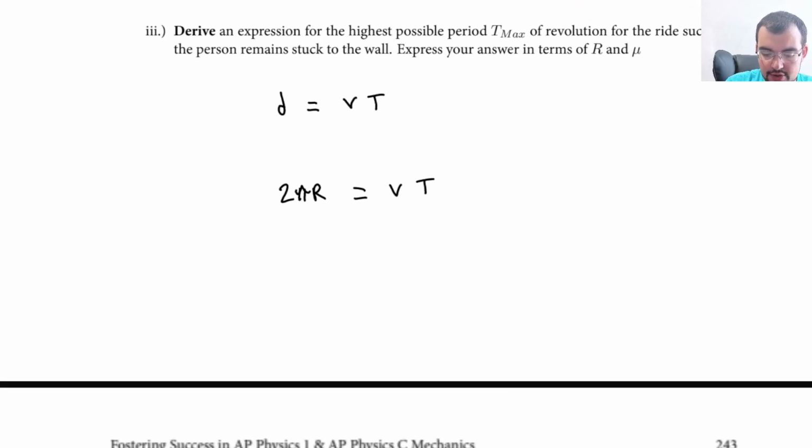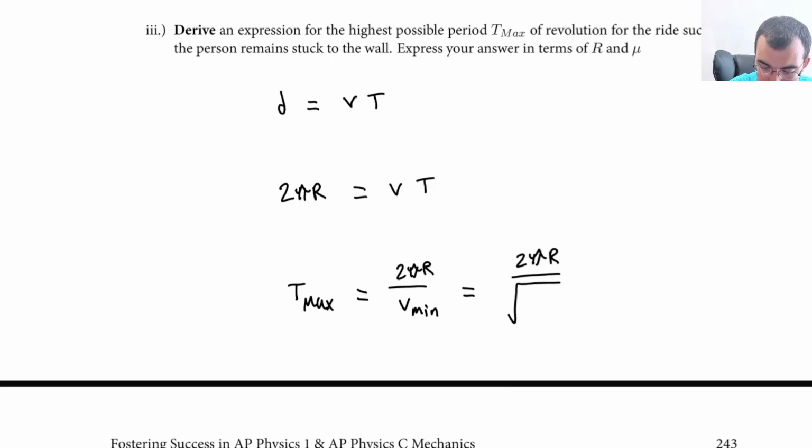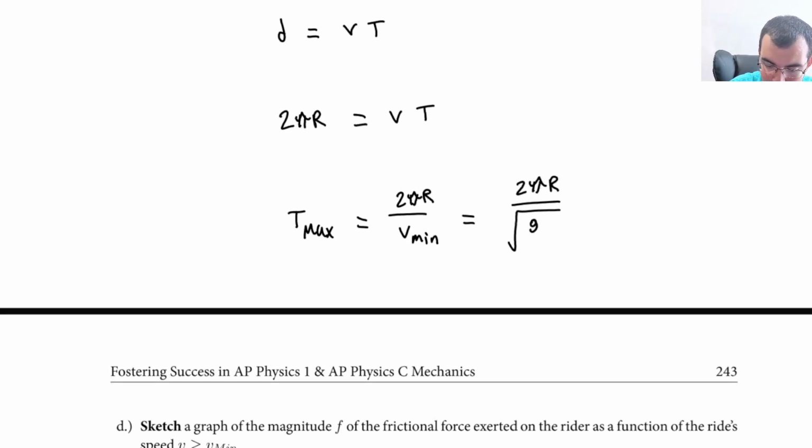So the highest possible period of revolution, that would mean the longest it would take to revolve. So the longest revolution is achieved by the lowest velocity. So T max would just be equal to 2 pi r divided by the V min from earlier. So that'd be 2 pi r divided by square root of gr divided by mu.